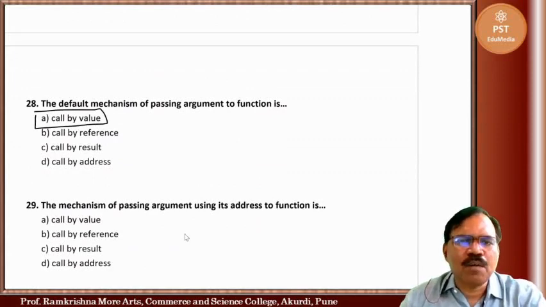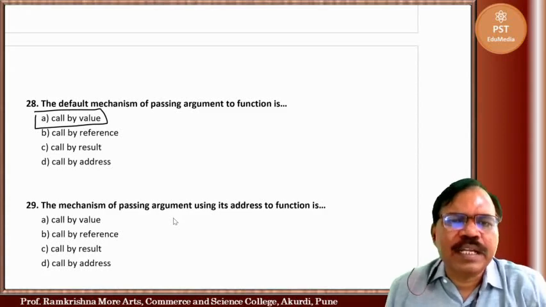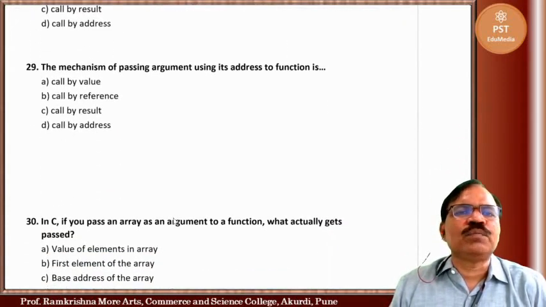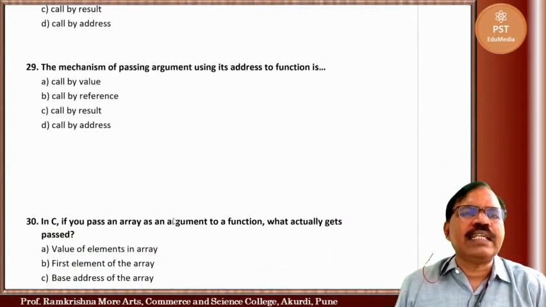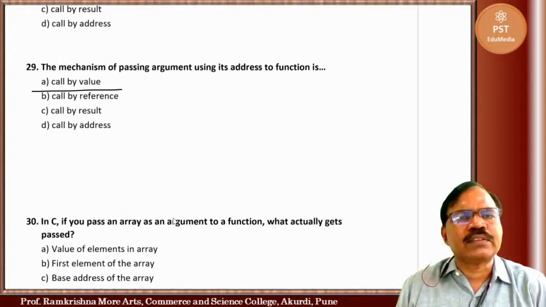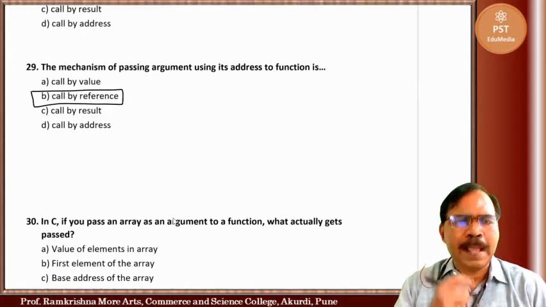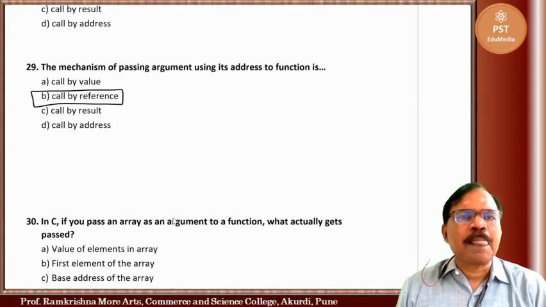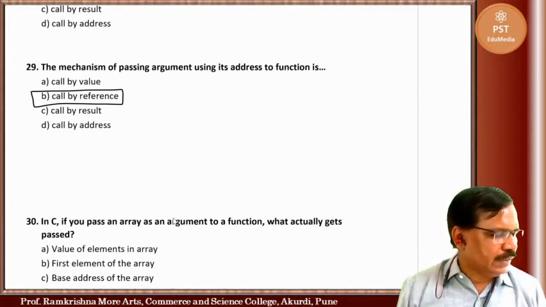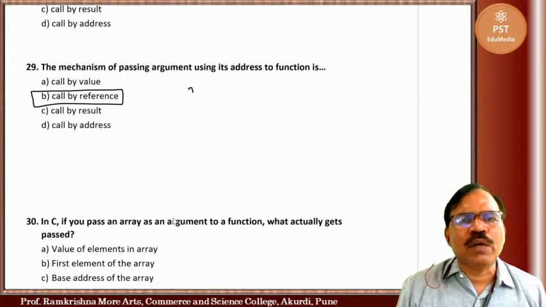The mechanism of passing argument using its address to function is called call by reference. So here we can take simple example. Suppose we have here main.